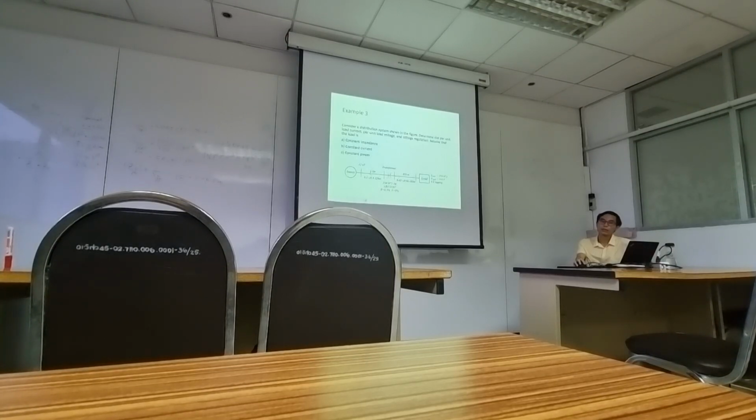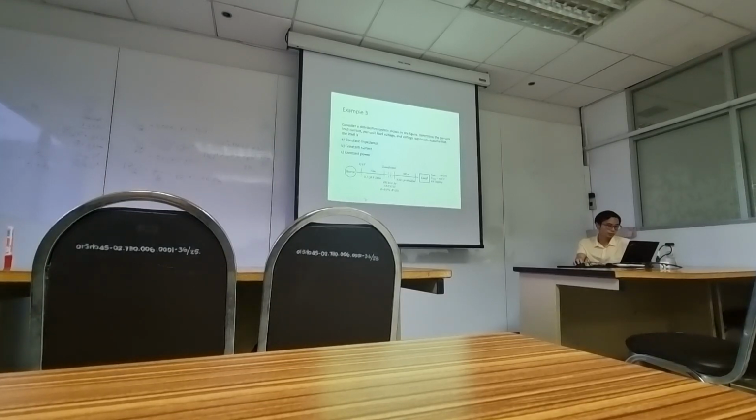This side is medium voltage and this side is low voltage. Then calculate the Z base for each side. Z base is V square divided by S. This is Z base 1 and Z base 2 for each side.